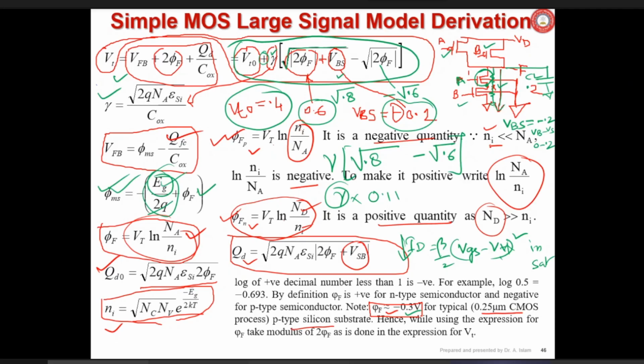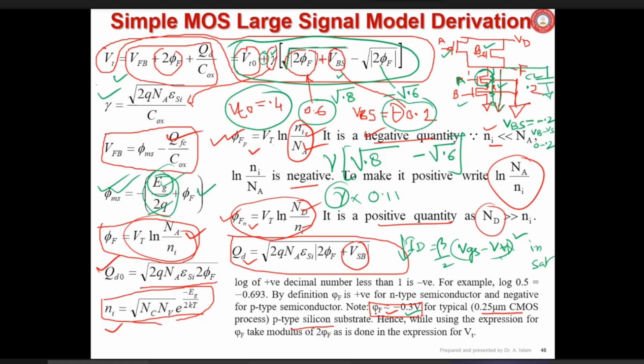So in that case, it is negative, because Na is a higher concentration than ni. ni is the intrinsic concentration, which is 10 to the power something, I mean, 1.5 times 10 to the power 10, whereas Na will be at least say 10 to the power 15 or 16. So it will be a negative quantity.